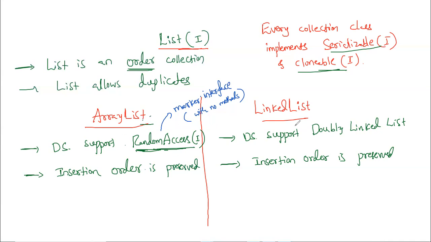Then why do we need both when the properties are the same? One thing we can easily understand is that one support is here and another support is there. That is one difference. The order is the same. The situation is different. When should we go for ArrayList?